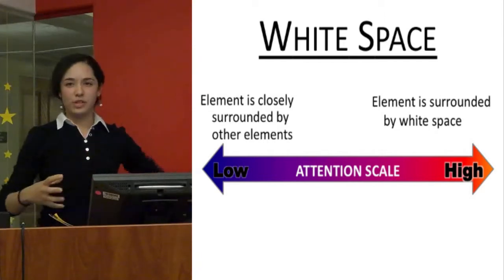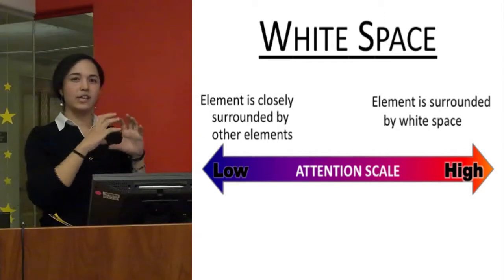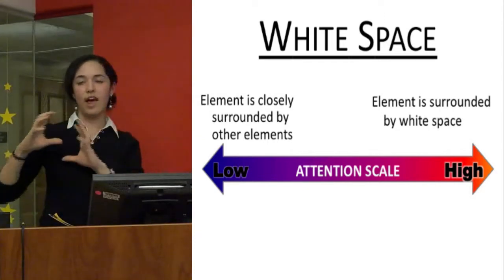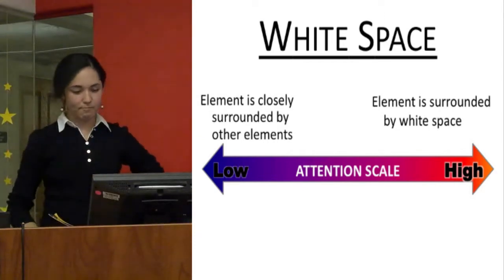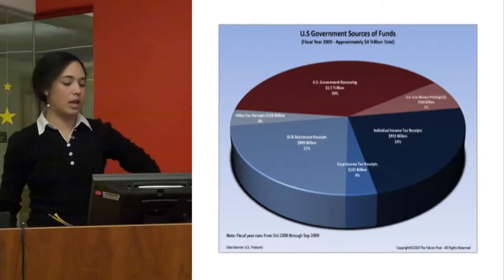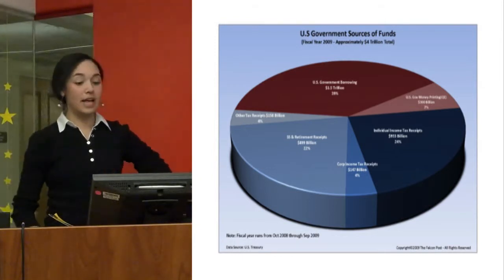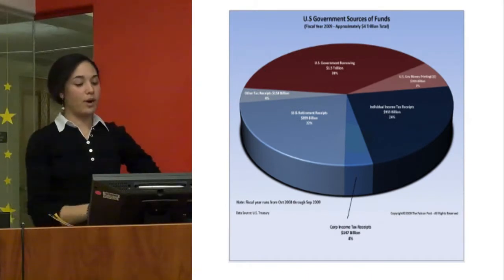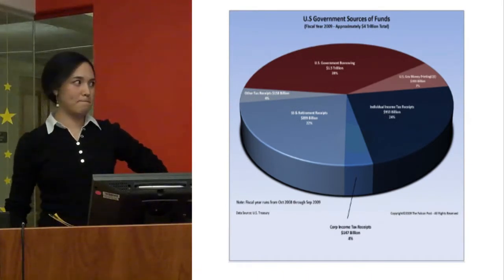If an element is closely surrounded by other elements, it has a lower attention value than elements that are surrounded by white space. So let's look at this label of corporate income tax receipts. If it's in here with all the rest of them, it pops out less than if we increase our white space and put the label right out there.